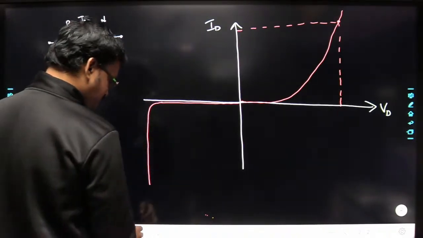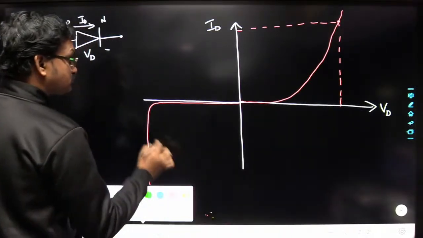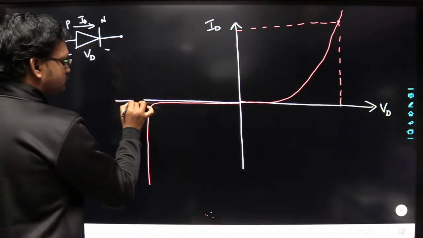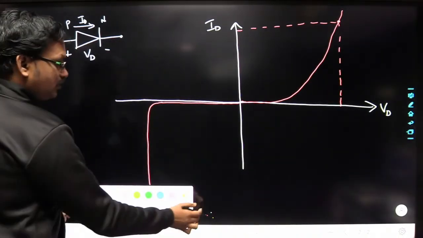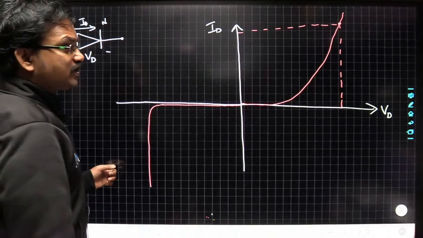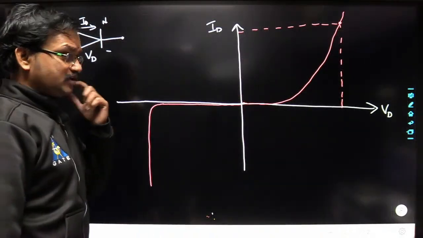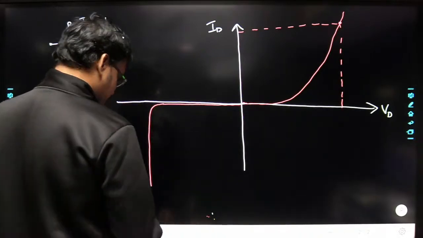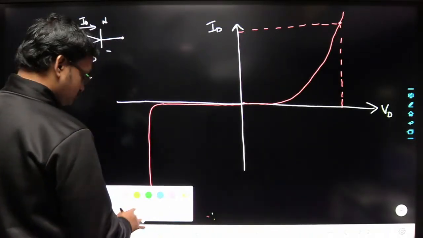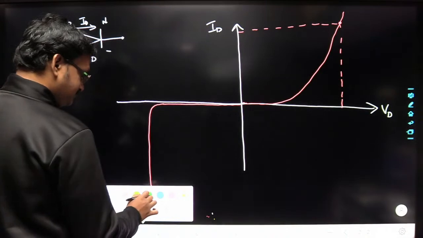So this is how the characteristic of the diode looks. That is the I versus V characteristic.